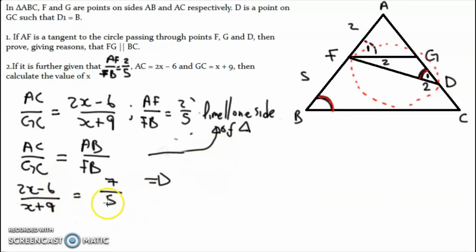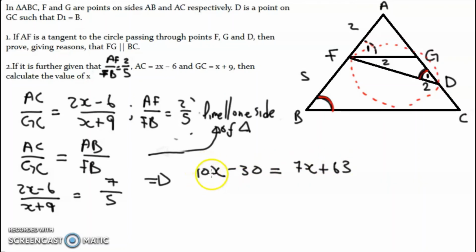As a result, we're going to have an equation to solve. So 5 times 2x is going to be 10x. 5 times 6 is going to be negative 30. And 7 times this whole expression is going to give us 7x. And 7 times 9 is going to be 63.